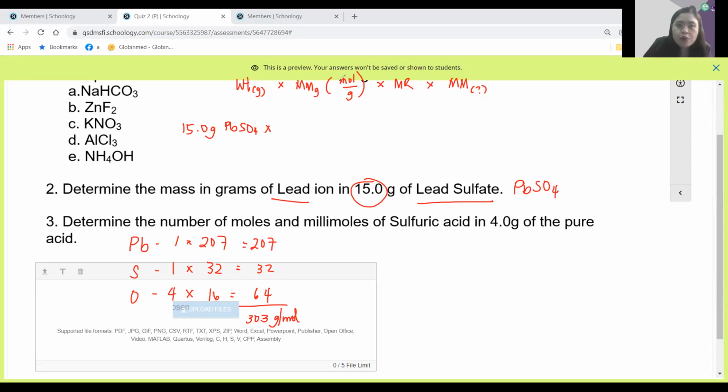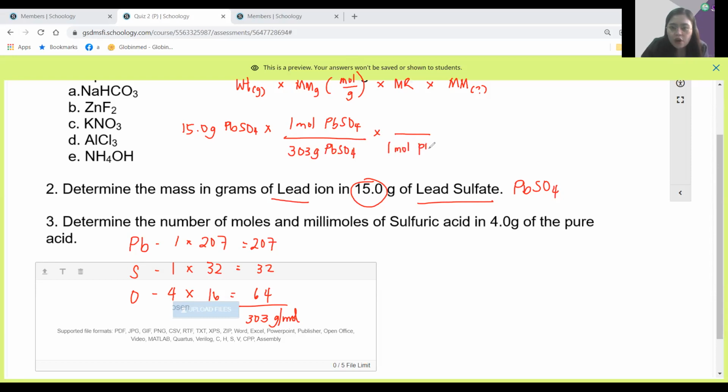Okay, so this is 303 grams per mole, but take note of our pattern. The mole is nasa taas. So this is for lead sulfate. 1 mole of lead sulfate will weigh 303 grams. So yan yung meaning yan. And then for our mole ratio, you just have to look at the chemical formula of lead sulfate.